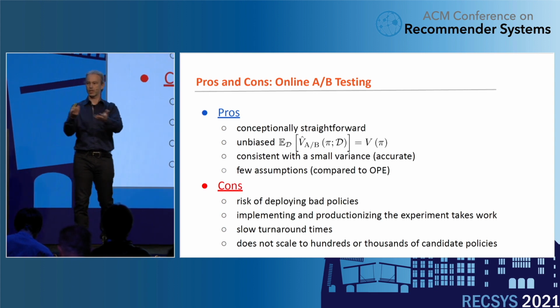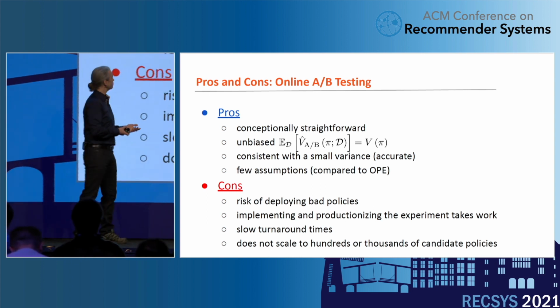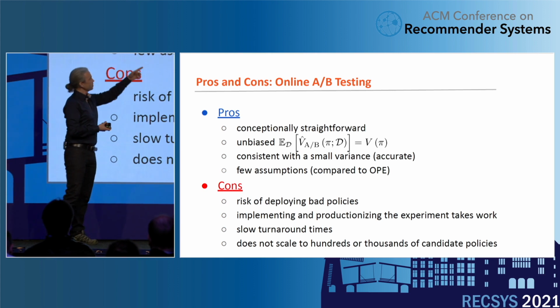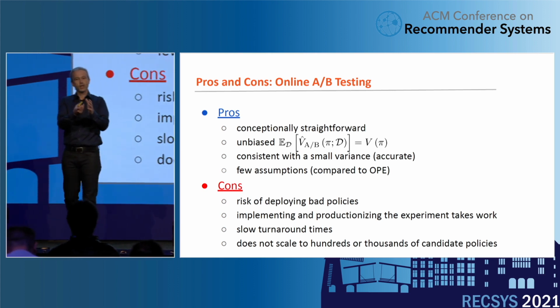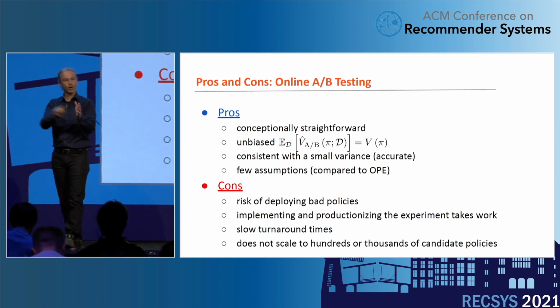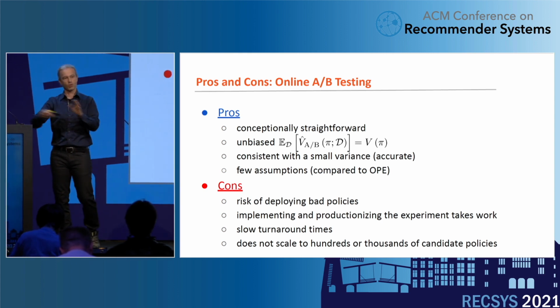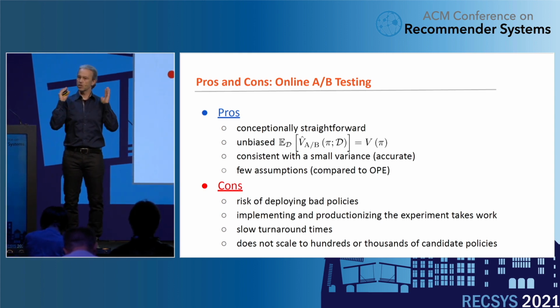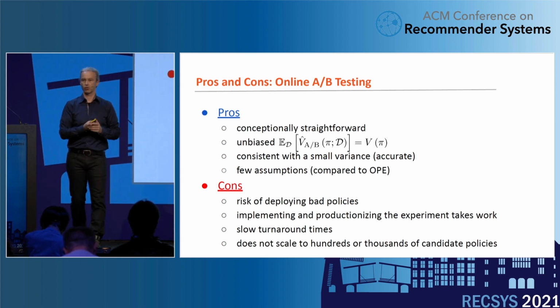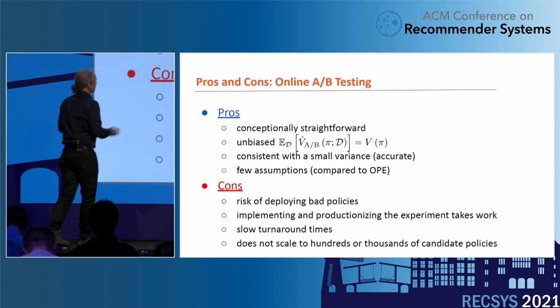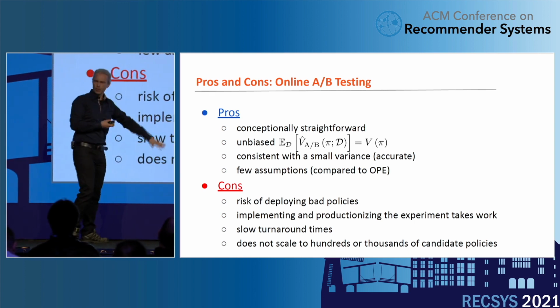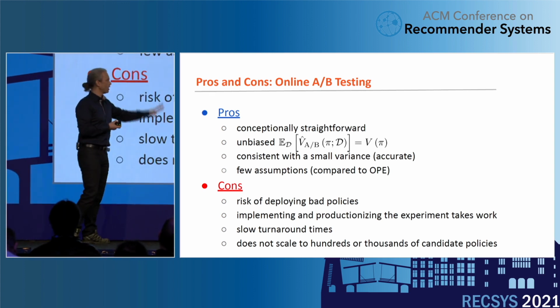In expectation, we get the right estimate. It's consistent in the sense that if we get more and more data, if we run the policy for longer and longer, and our user distribution doesn't change, eventually we get spot on the right answer, right? We converge, by the law of large numbers. And there are really few assumptions compared to the other things that we'll talk about later here. It's very robust.